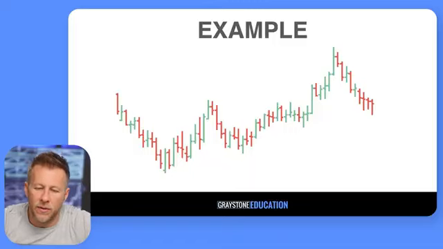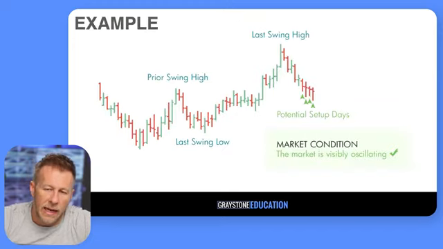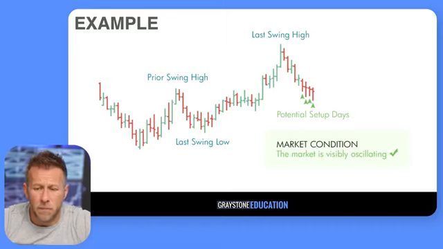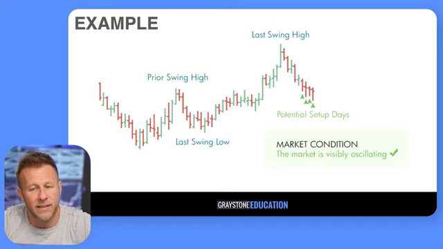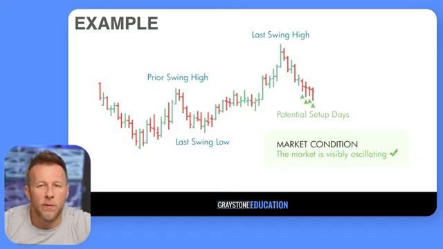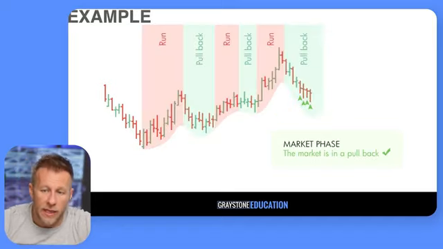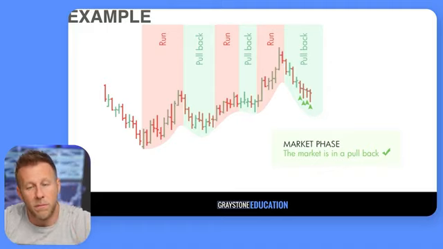Let's go. So in this example, we're looking at a bullish trend. Okay, so the market condition is bullish, it's visibly oscillating, and we're going bottom left to top right, putting in higher highs. Okay, the next thing we're looking for is the market phase, which we know that we're in a pullback. We've got the run, pullback, run, pullback, run, pullback. Okay, we're in a pullback phase.